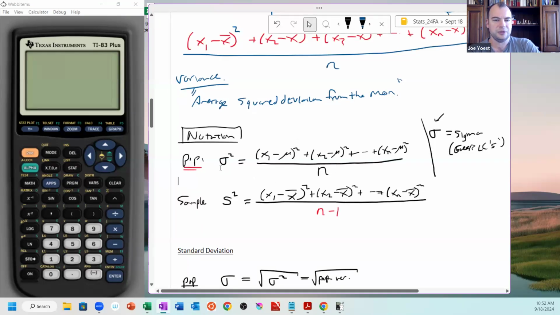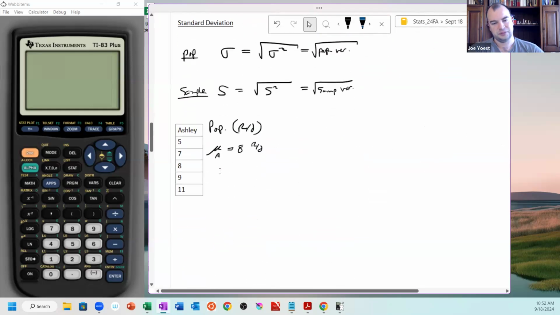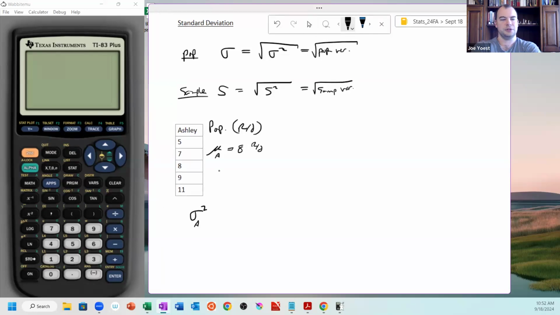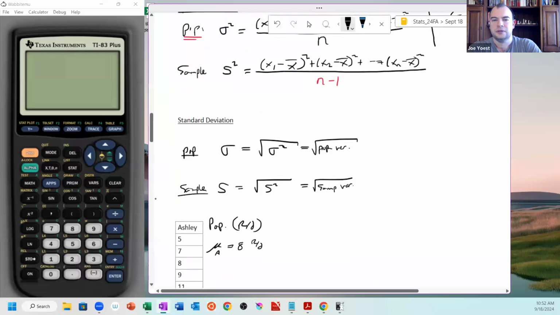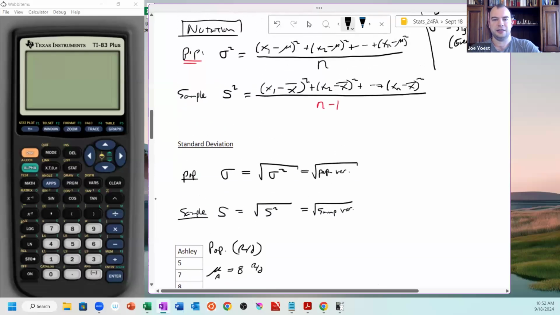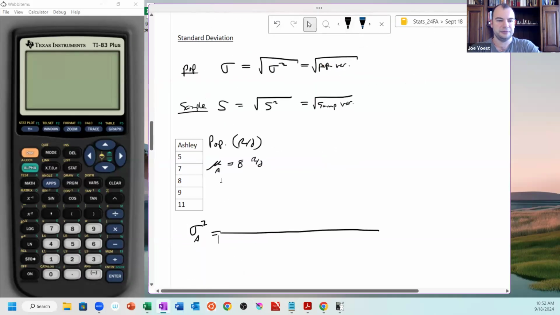So let's compute the population variance for the Ashley data just based on this formula here. So sigma squared for the Ashley data. Okay, I see for the Ashley data that n is 5.